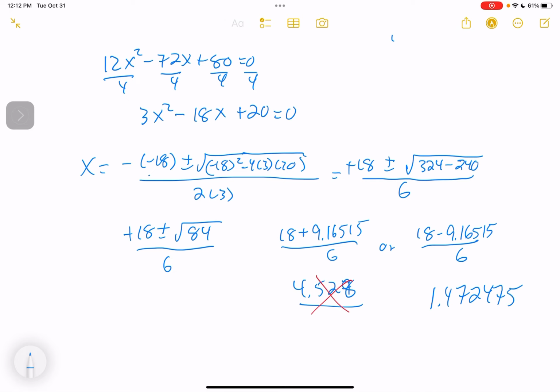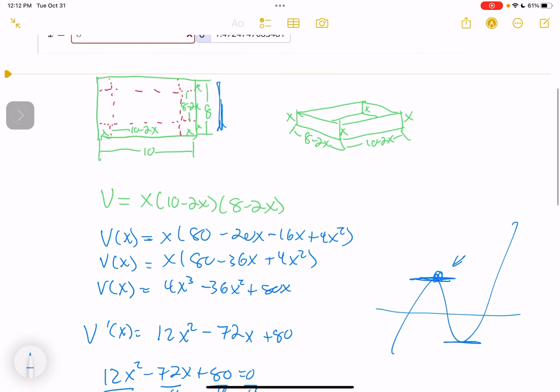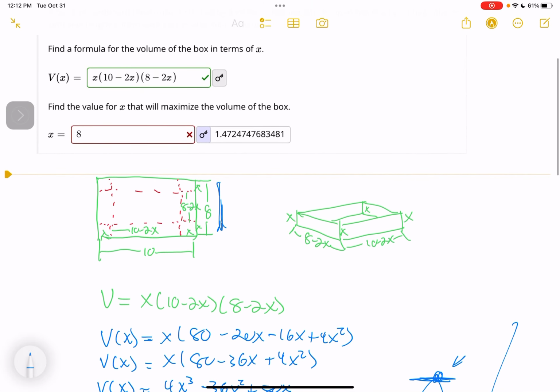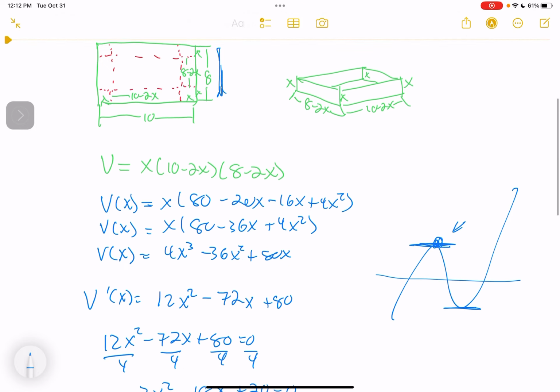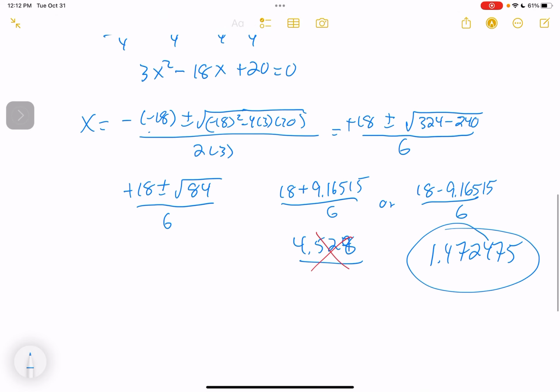And there's going to be some round off error here because I did not carry numbers through very far. And that's the answer that we have. So that's the more reasonable answer. It's going to fit within the parameters for each side. So I hope that helps.